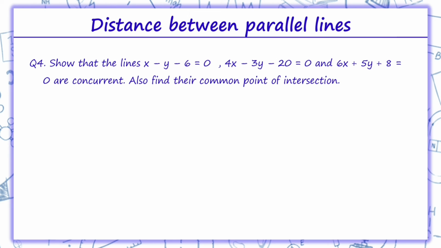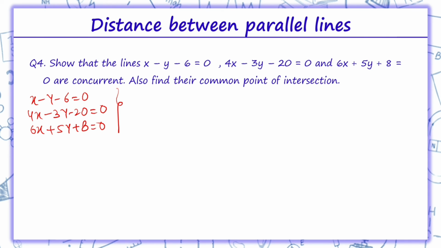The next question is that the lines x minus y minus 6 equals 0, 4x minus 3y minus 20 equals 0 and 6x plus 5y plus 8 equals 0. These three lines are concurrent, we have to show.